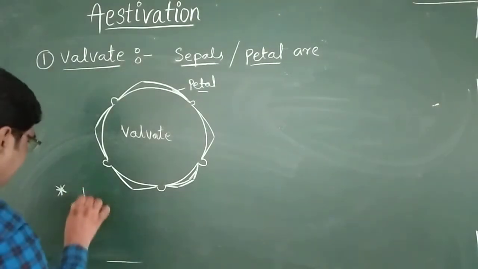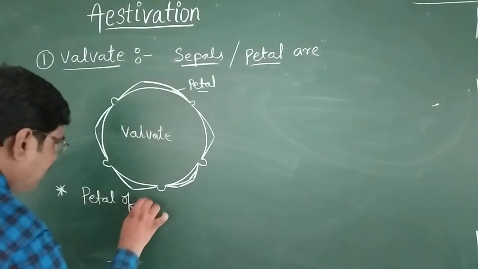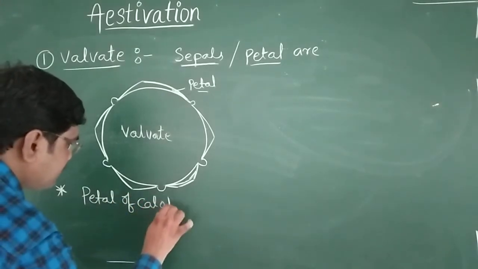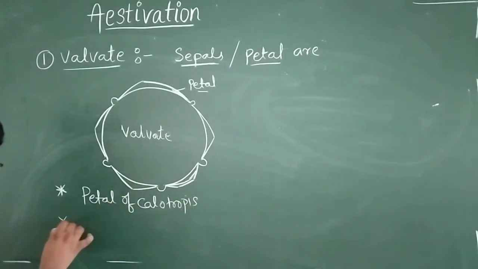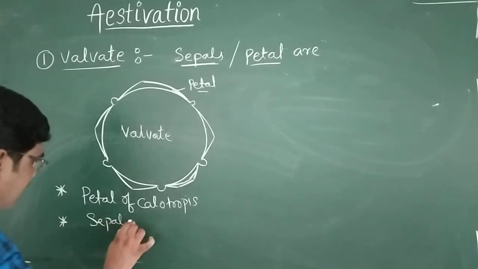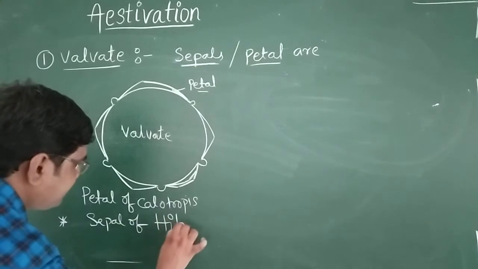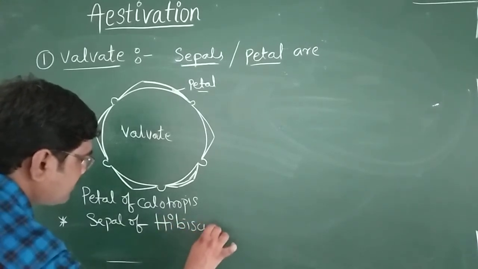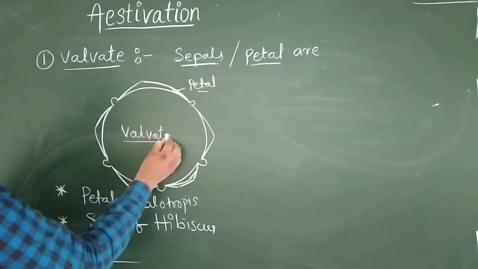What are the examples of the valvate estivation? Petals of calotropis, and sepals of hibiscus. These two are examples for valvate estivation.